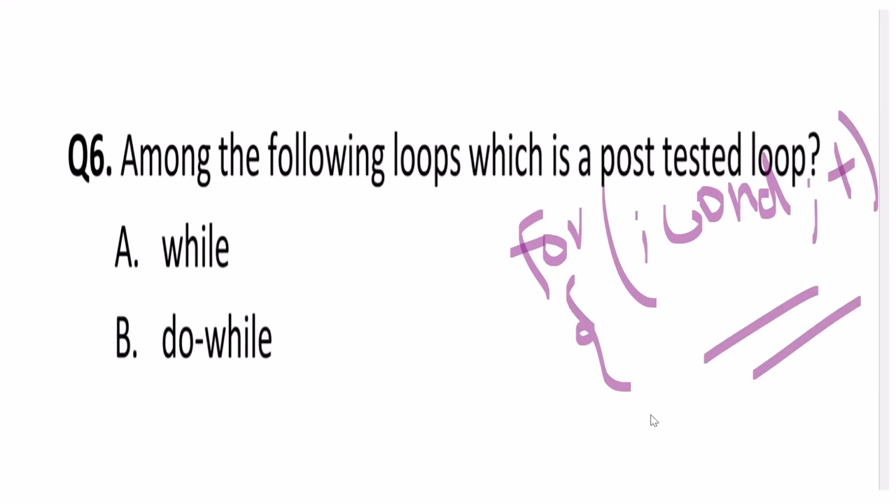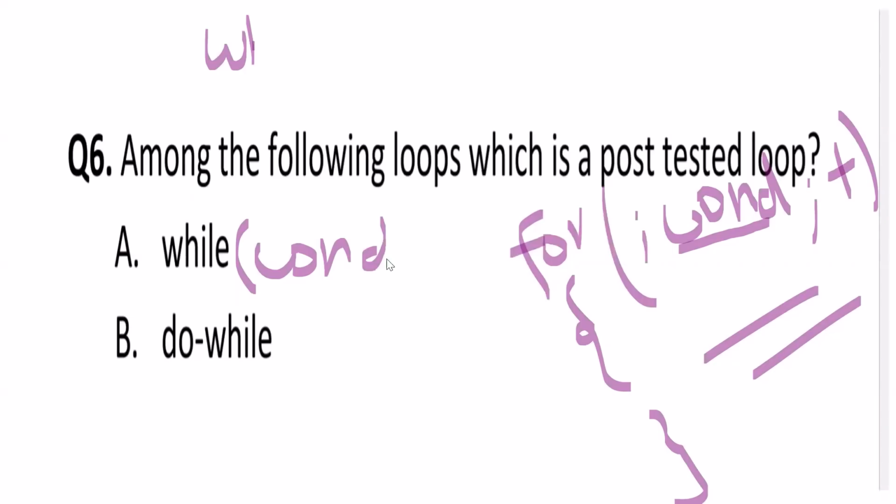So what we learned is that execution happens after the condition is checked, whether a certain condition is matching or not. Similarly in a while loop, we have the condition first, right? And then we have the body of the while loop, whatever it is, which means the condition is checked first.